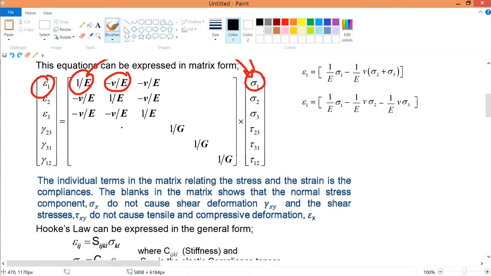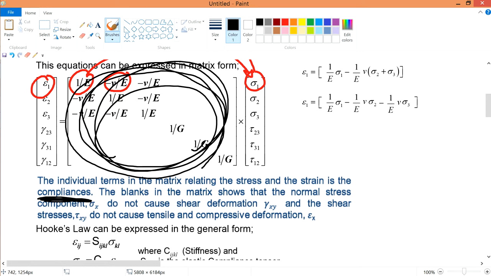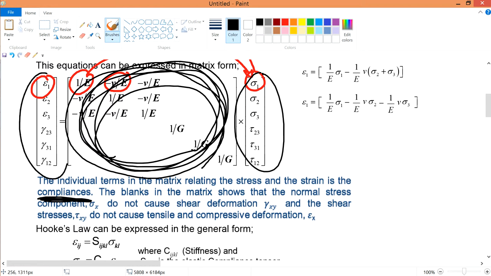And therefore this whole matrix is what we call the compliance. This compliance relates stress, multiplied in order to get strain.